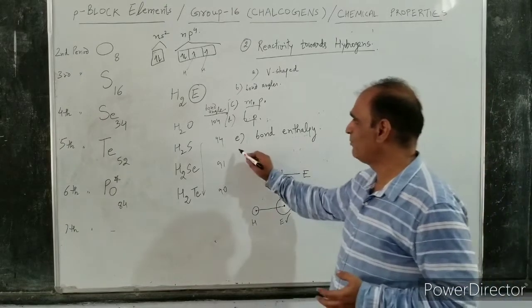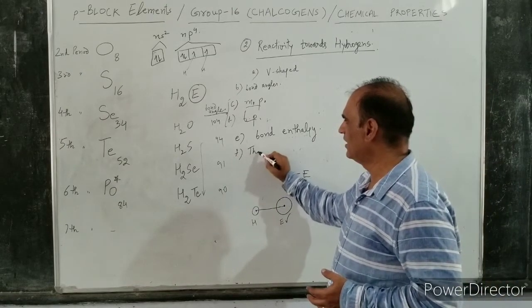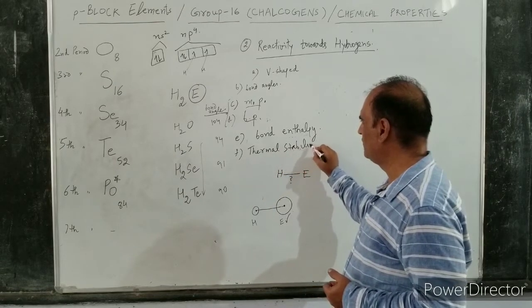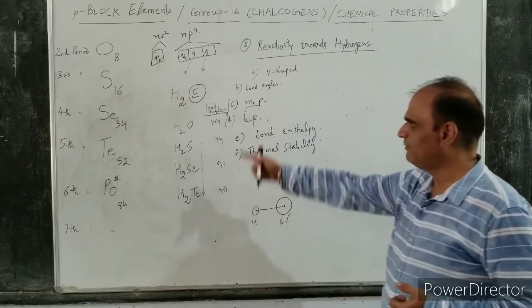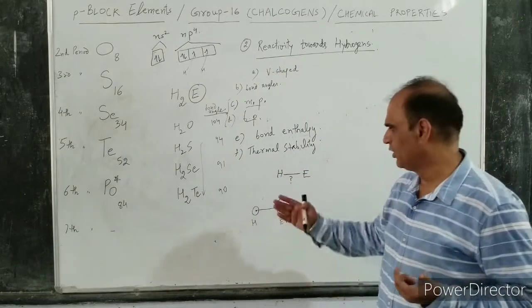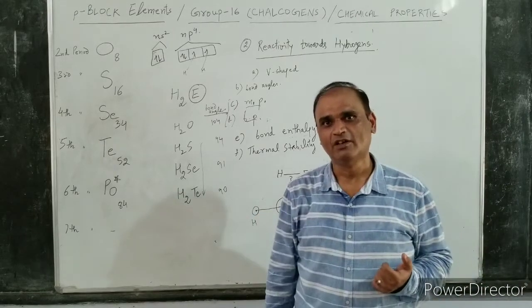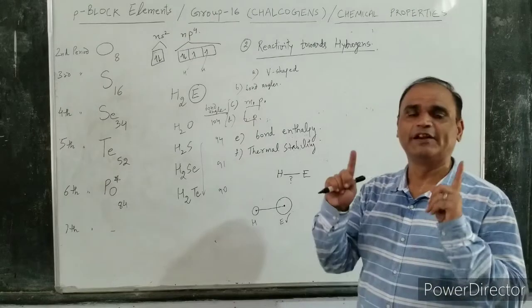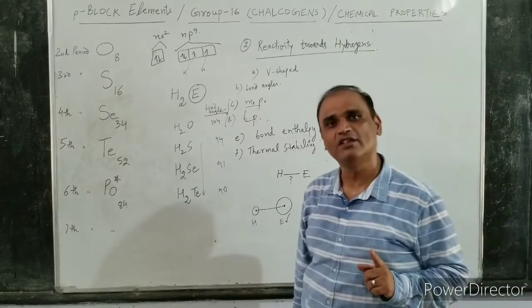You can make the next point about their thermal stability. So what is the trend of thermal stability? Thermal stability of these hydrides will go on decreasing down the group because bond enthalpy is decreasing. Bond enthalpy is decreasing because atomic size is increasing. The difference in sizes of atoms is increasing.